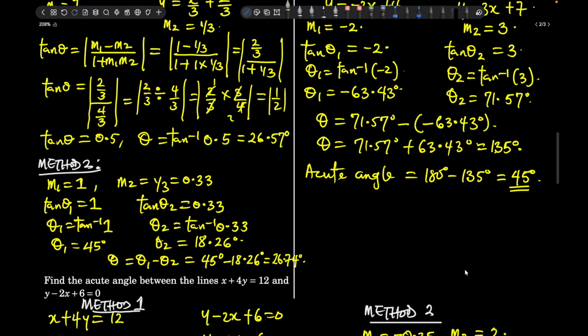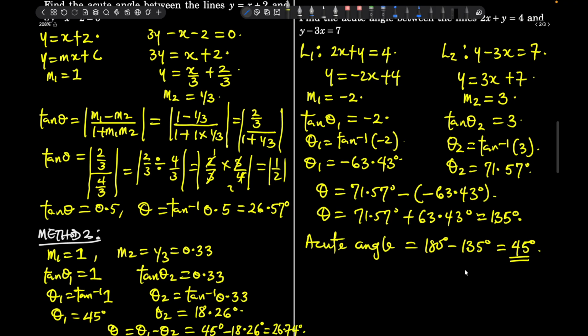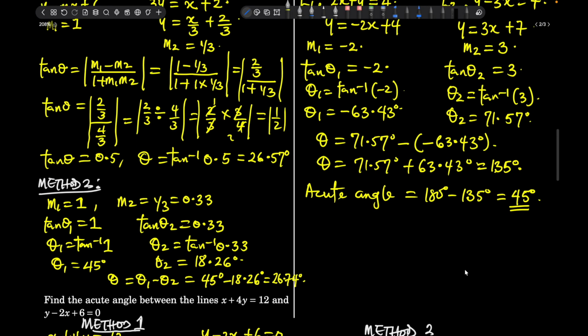So for the method with tan, I know that many of you don't want to hear about it. That's M1, M2, but I will still use it. There's nothing you can do. I'll use it. So tan theta is equal to M1 minus M2 over 1 plus M1 M2.